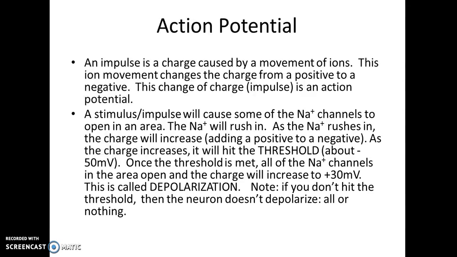If that impulse hits a threshold, if enough sodium enters and it hits about -50, which is about 15 to 20 higher than the resting potential, all the sodium channels in the area are going to open, and all the sodium is going to rush in, and all these positive charges are going to go into the neuron, and it's going to go from that -50, that threshold, all the way to +30. So if you look at it from the beginning, from -70 to +30, that's a 100 millivolt difference.